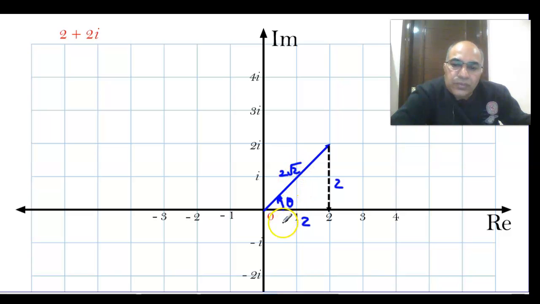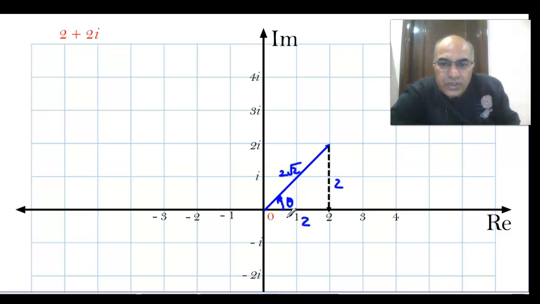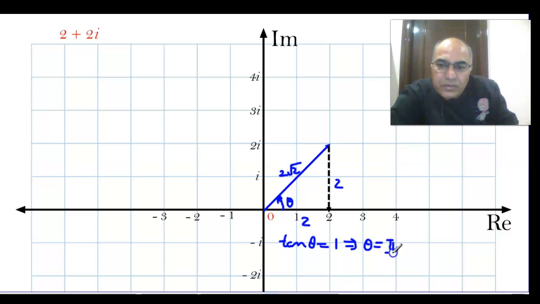So to find this angle theta, we use T ratios. Tan theta is equal to 2 upon 2, which is 1. This implies theta is pi by 4, or our argument of this number phi is also pi by 4.